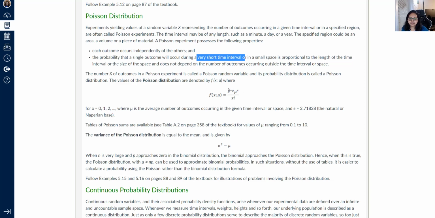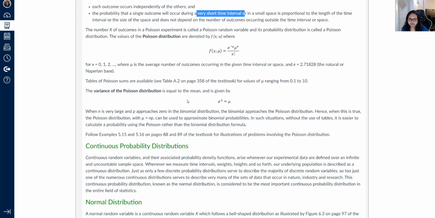So you can see that for this distribution, we have only one parameter. The parameter is the average. That means on average, what is happening. If we are talking about accidents, then on average, what's the probability of accidents on that road.